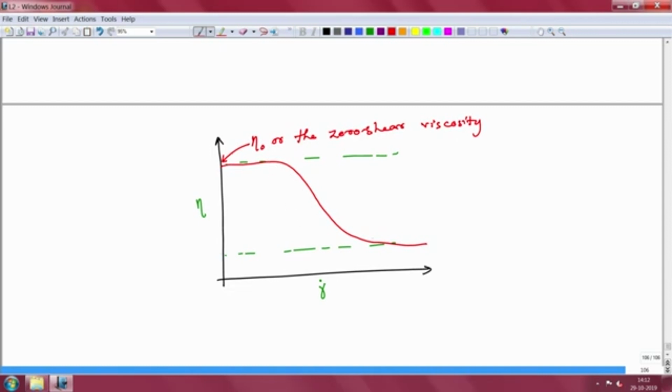Then you have another section where the viscosity decreases sharply with increasing shear rates, and then it finally stabilizes to another value. This asymptotic value is your eta infinity, or the infinity shear viscosity.